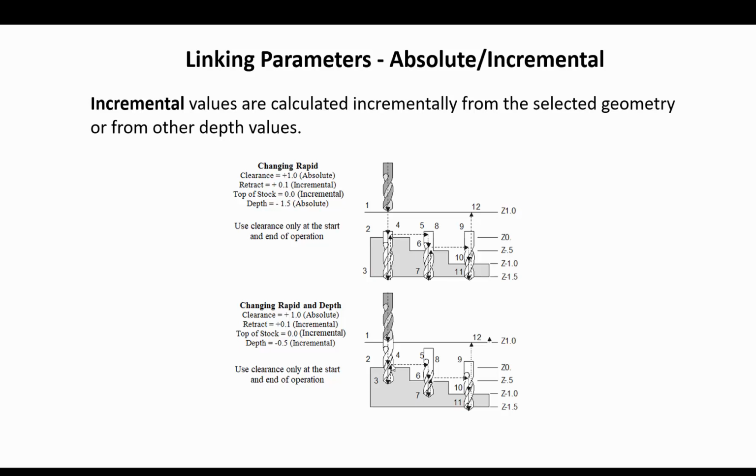Retracts back to the retract level, rapids again to the next hole, rapids down in Z only, and we'll feed in from 100 thou above the top of the stock, which was set to incremental and 0, and then we'll feed in just half an inch. Same thing with the last hole, and then it will retract back to the clearance level.